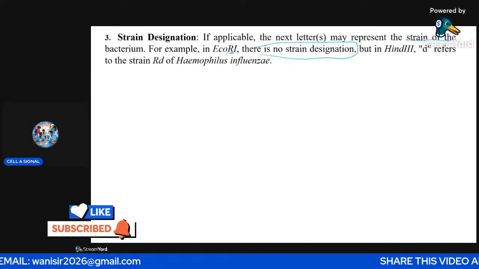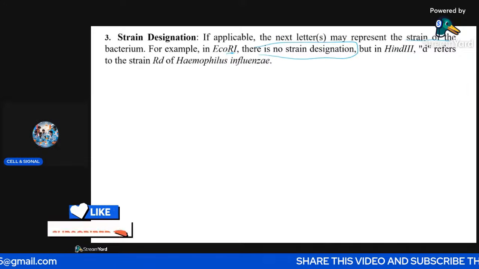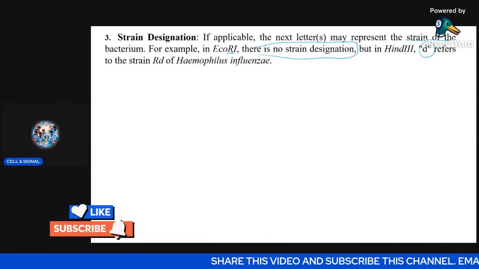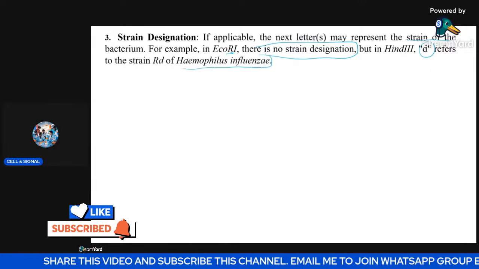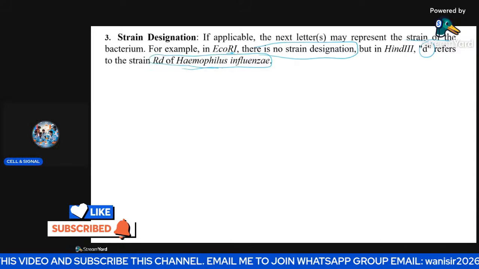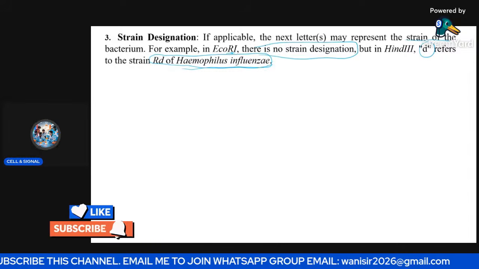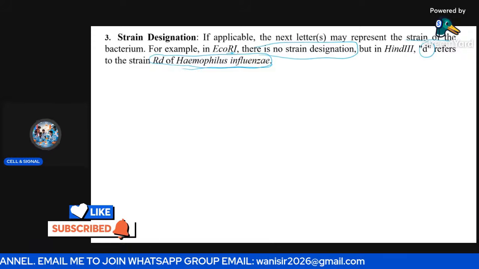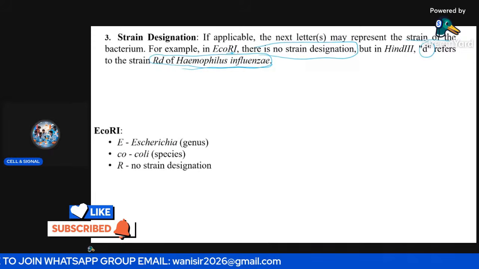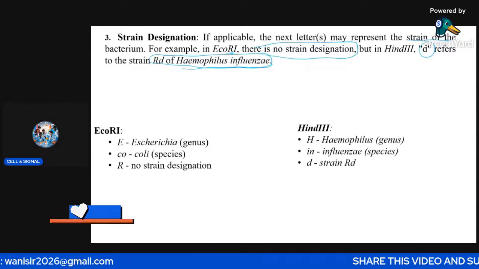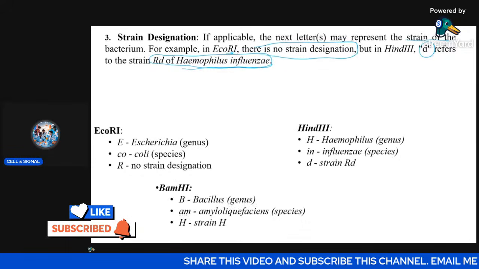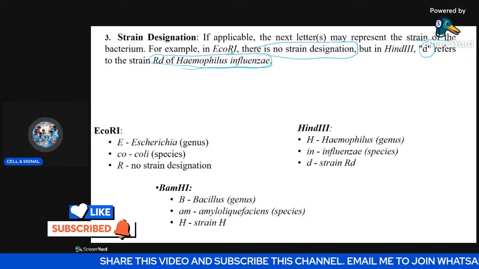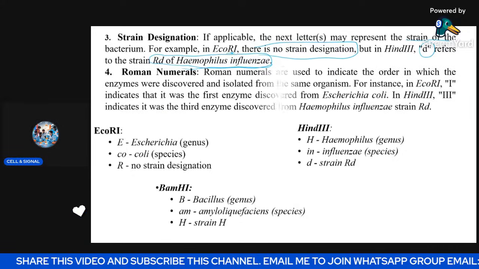But in HindIII, d refers to the strain Rd of Haemophilus influenzae, which is the bacterium that was once thought to cause influenza. That is the Rd strain. So R means one strain, d stands for the Rd strain, and H stands for the H strain. That means strain.